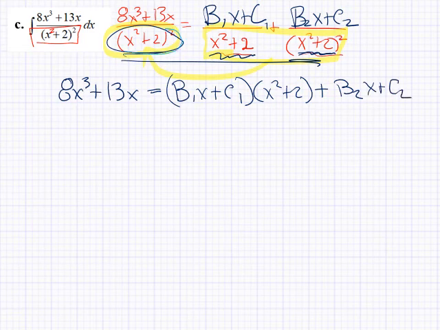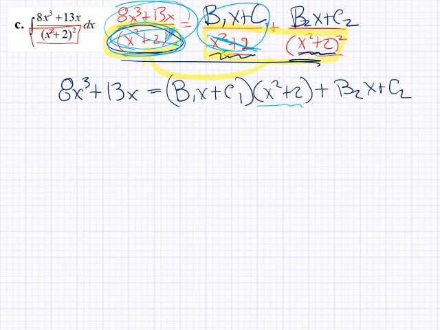This is a common denominator, right? So if I multiply this fraction by that, it cancels. If I multiply this fraction by that, one of the x squared plus 2's will cancel with this one, but it'll still be an extra one. And when I multiply this one by that, the x squared plus 2 squares cancel completely. So just give me this. All right. So now the fractions are cleared.